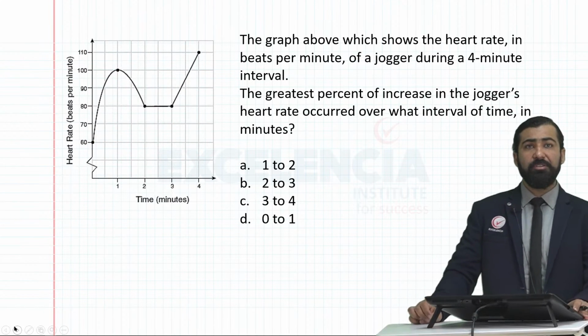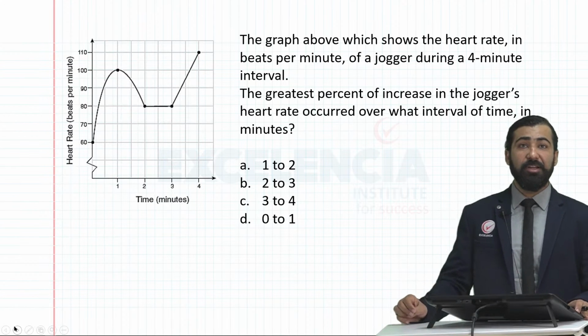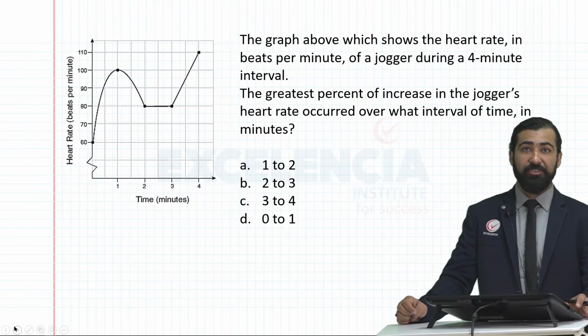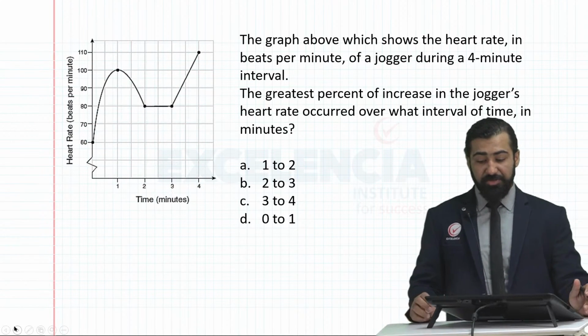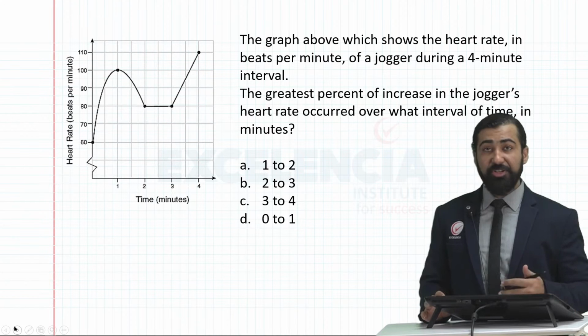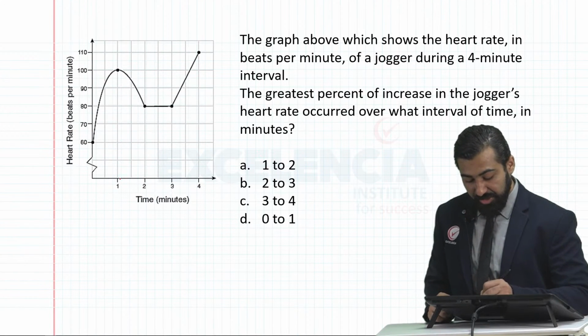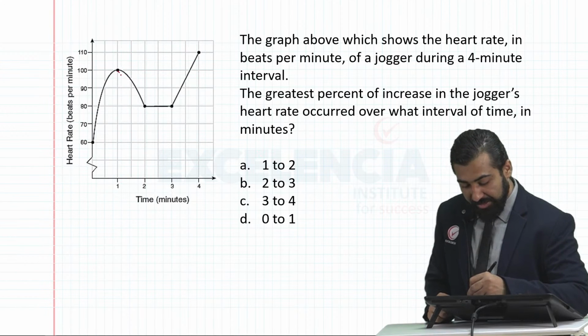The graph above, which shows again the same, the greatest percentage of increase in the jogger's heart rate occurred over what interval of time, in minutes? So what we want to do is calculate the slope of each of the points given. So 1 to 2, we want to calculate the slope of this.